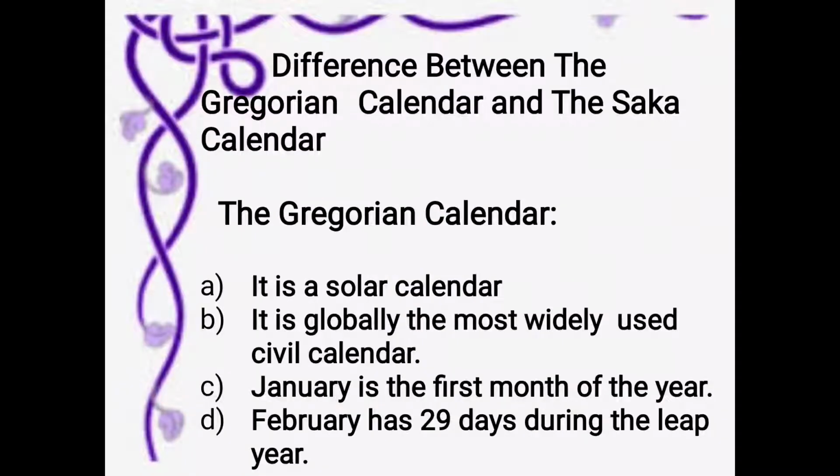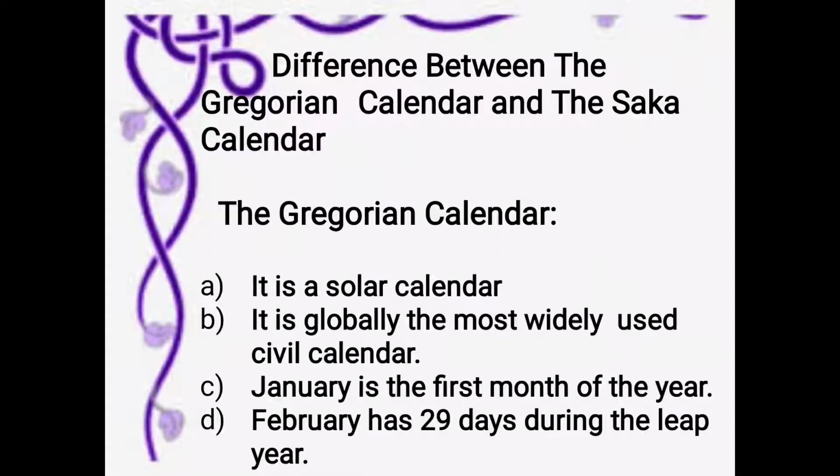I request you all to open your books and listen carefully. So, when we talk about the difference between the Gregorian calendar and the Saga calendar, firstly we will discuss the Gregorian calendar. Gregorian calendar is a solar calendar and it is globally the most widely used civil calendar.